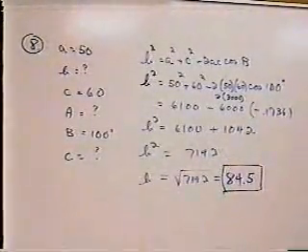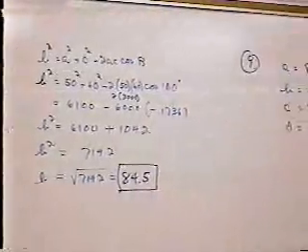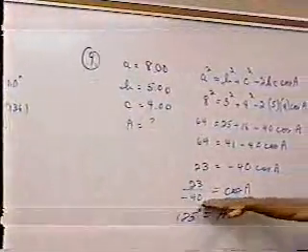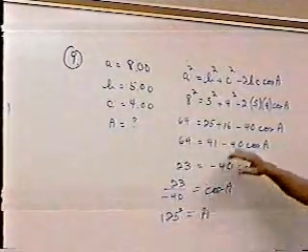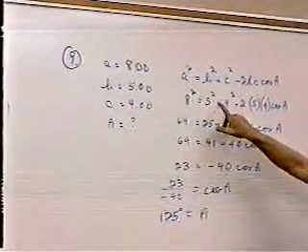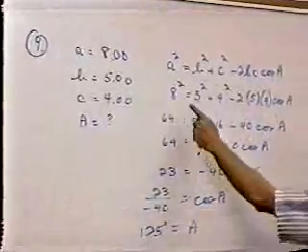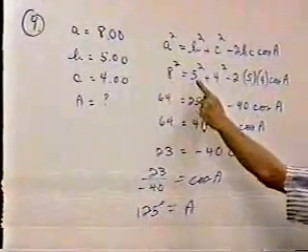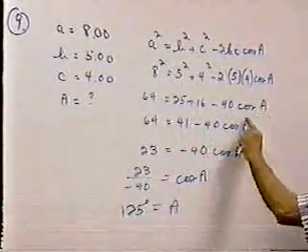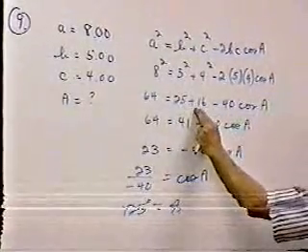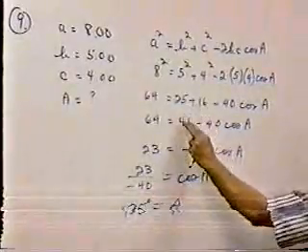All right, let's look at example 9, which is saying what happens if we calculate and get a minus in here for the cosine, trying to find the angle. Okay, we'll look what we get here. We're going to find angle A, so we're going to put the 8 there, squared, 5 squared, 4 squared, minus 2 times 5 times 4 cosine of A, and we get 25, 16 added together is 41.